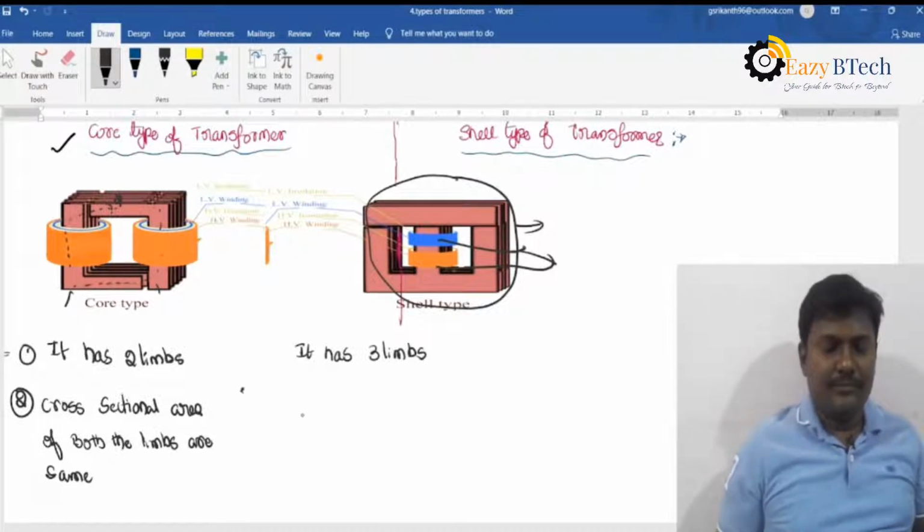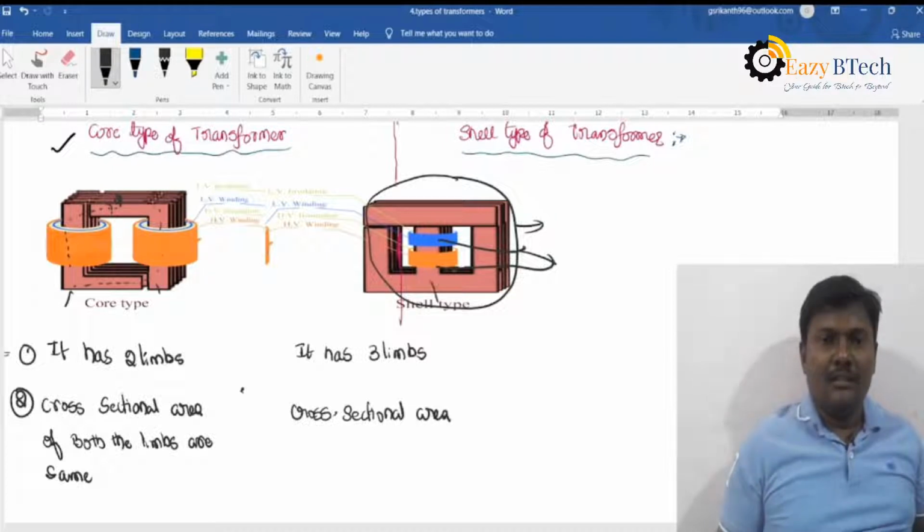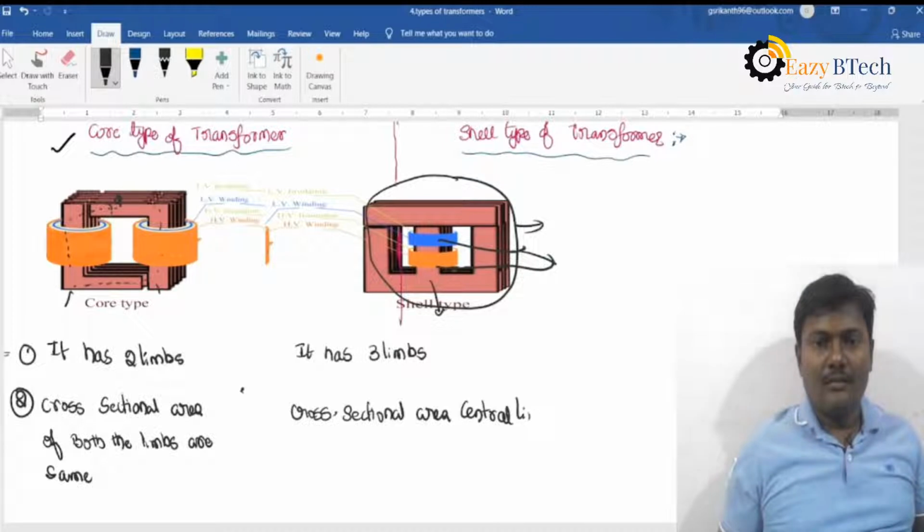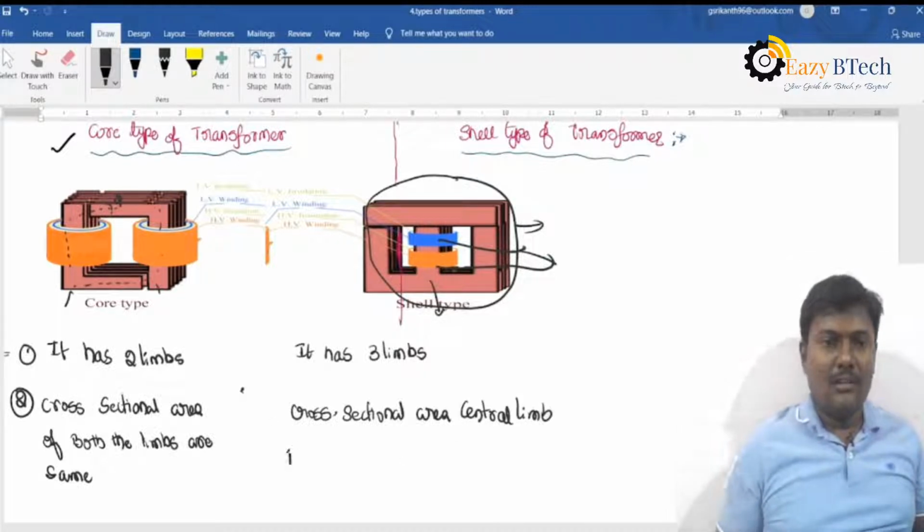But here, the cross-sectional area of the central limb is double that of the outer limbs.